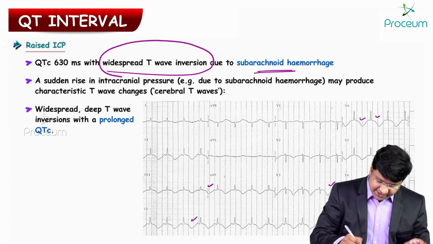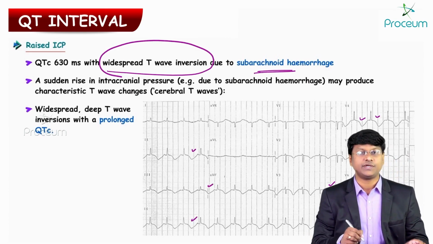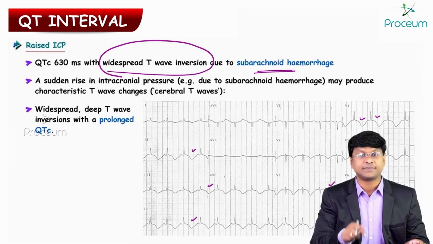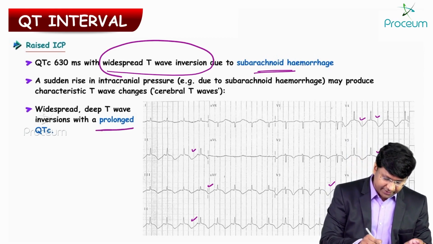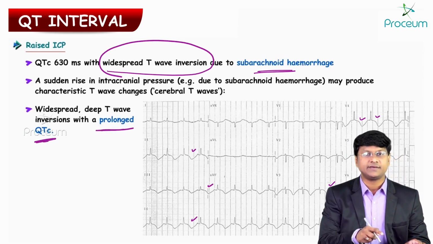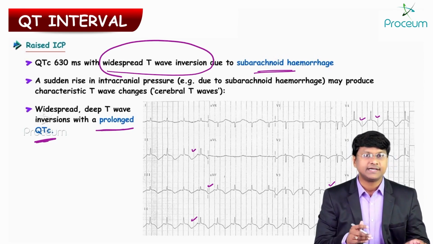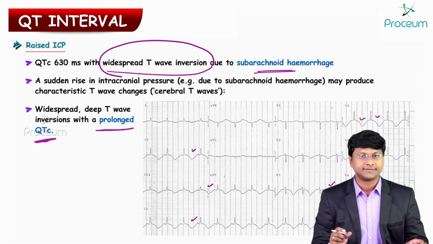Now, why am I discussing this in the context of the QT interval? Remember, raised intracranial pressure is also one of the causes of prolonged QT interval. So in raised intracranial pressure, there will be cerebral T waves, that is global T wave inversion, and along with that, there will be prolonged QT interval.